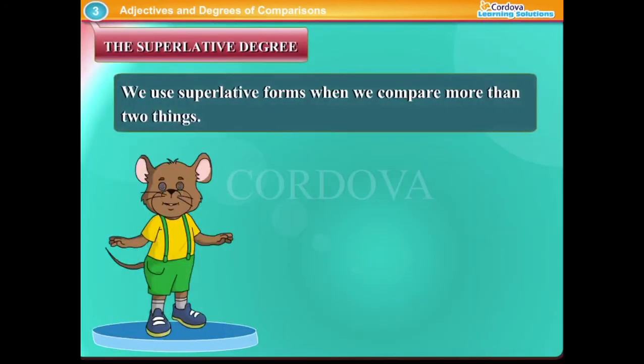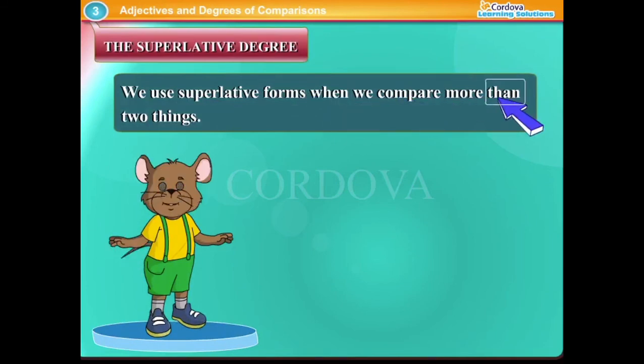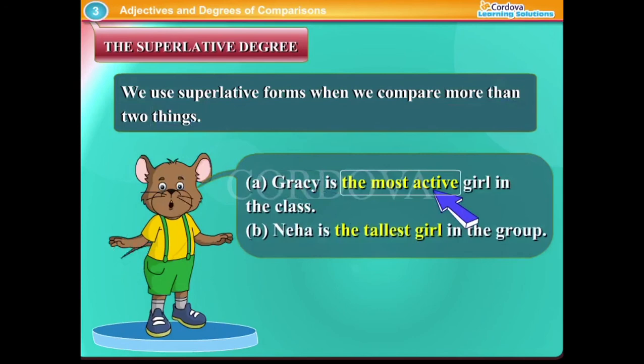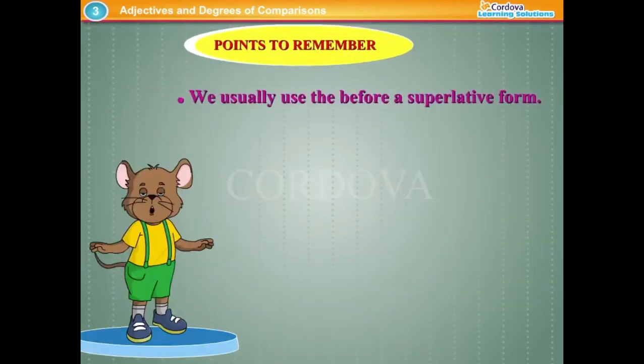Superlative degree. We use superlative forms when we compare more than two things. Examples: Gracie is the most active girl in the class. Neha is the tallest girl in the group. Points to remember: We usually use the before a superlative form.